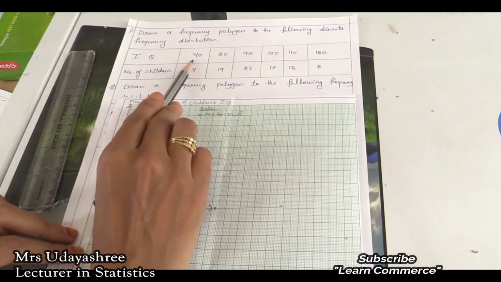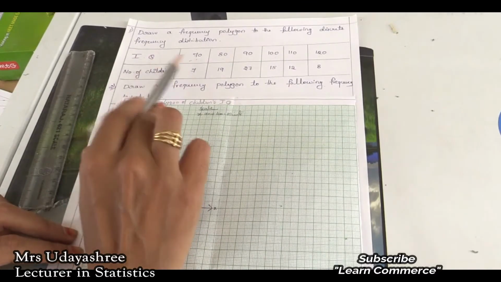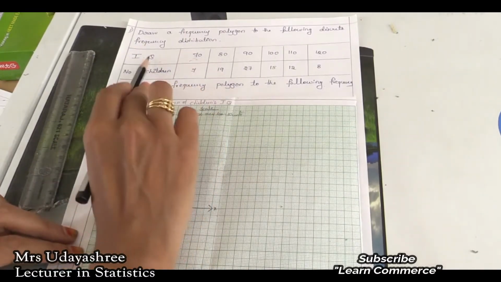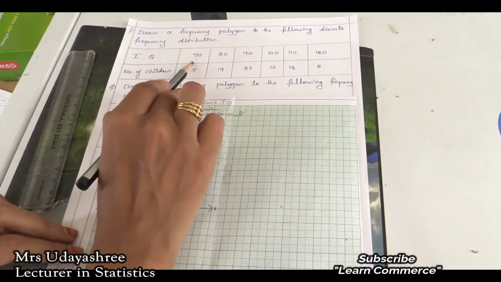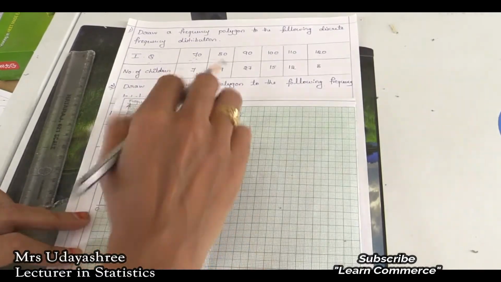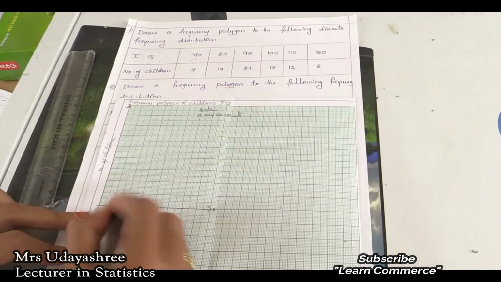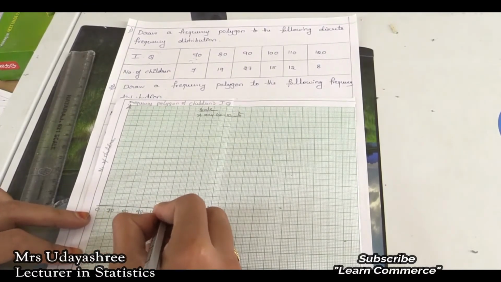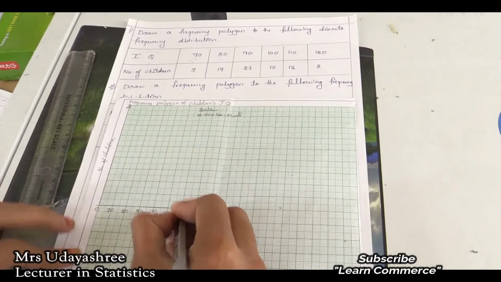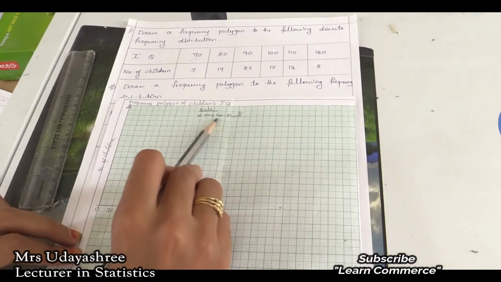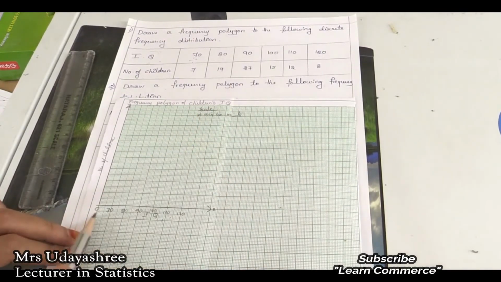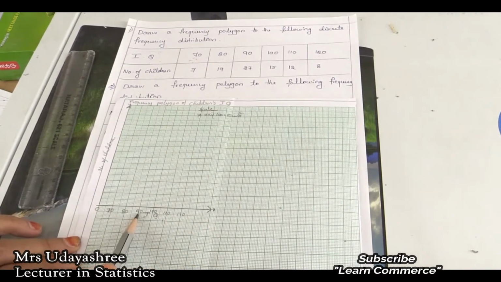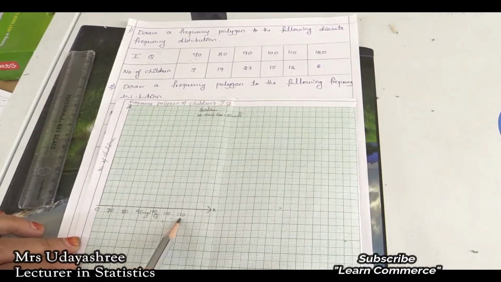Because in the value of the variable, the first observation x is 70. Next is 80, then 90, 100, 110, 120. So the scale for the x-axis is 1 centimeter equal to 10 units, and the x-axis values are 70, 80, 90, 100, 110 and 120.